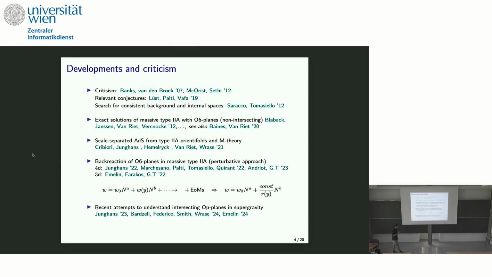People actually don't trust these solutions for several reasons. And during the last years, we have made some progress in order to understand deeper what is going on with these models.